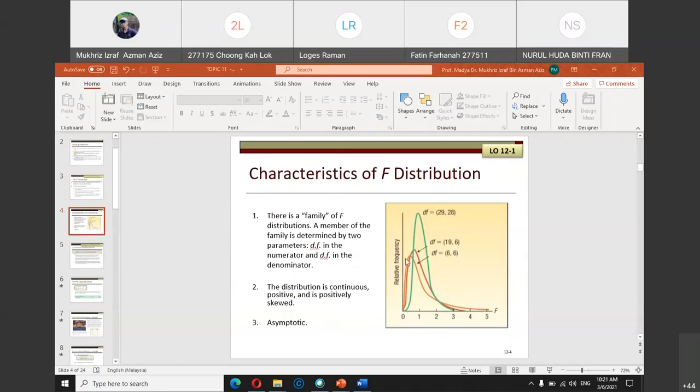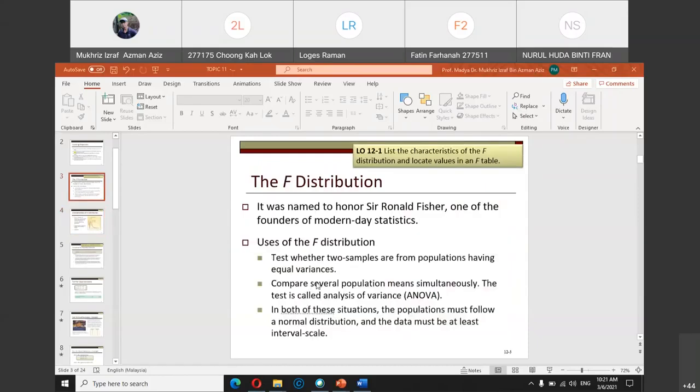Let's go back to this. To test whether the two samples are from populations having equal variance, this is your H0, because your H0 will be sigma squared 1 equals sigma squared 2. So you are testing whether they have equal variance instead of equal mean.